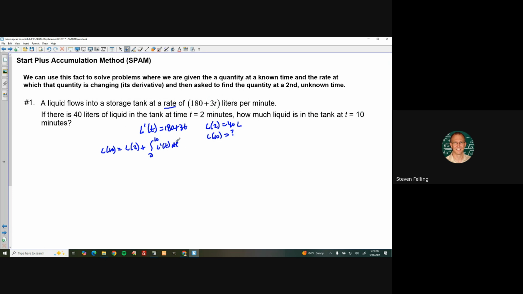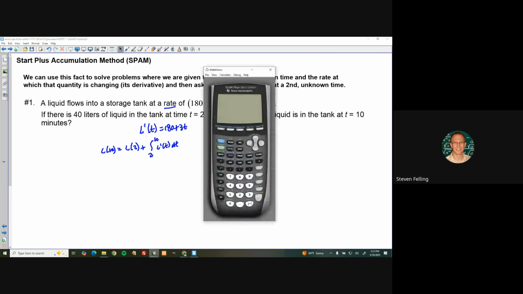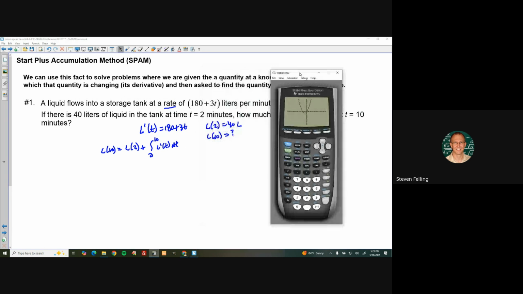Okay, and I'm just going to use a calculator for a lot of these. So let me enter that function in here. You could, of course, integrate this by hand, but I just want to do this quickly. So I'm going to say the integral, so I'm going to use math 9 and do the integral from 2 to 10 of that function, which I added into y1.